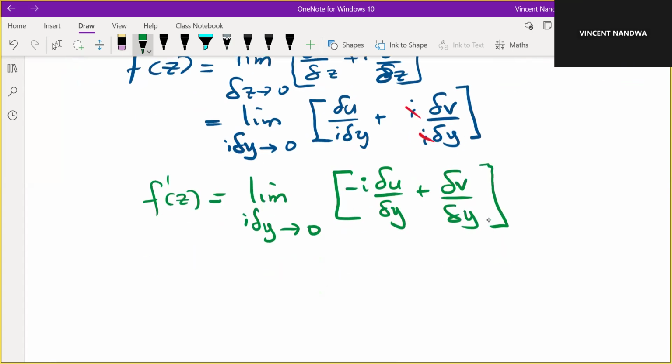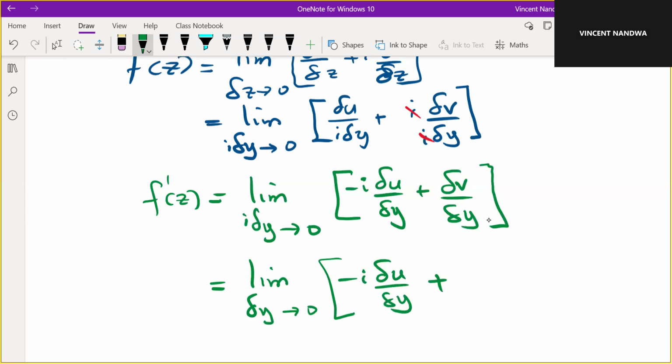Since the change in y is the only thing being affected by the limit, this is the same as the limit as delta y approaches 0 of negative i delta u over delta y plus delta v over delta y.